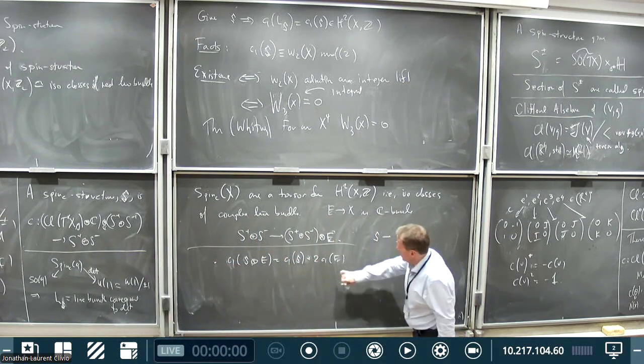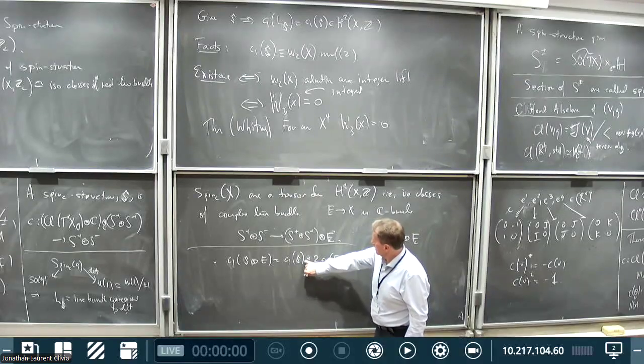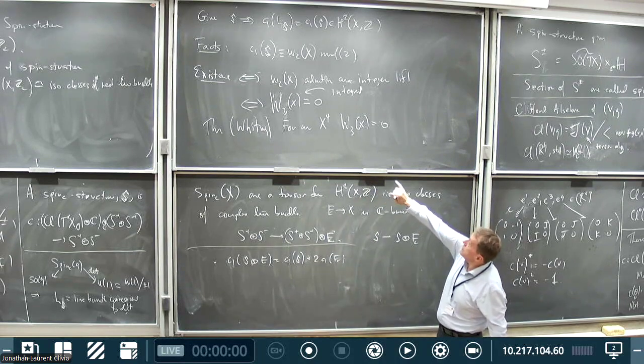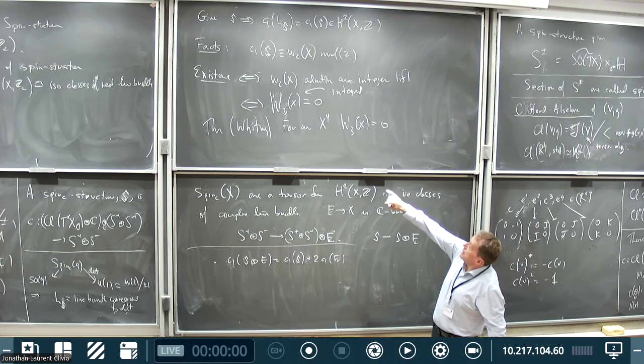Squarely. And you notice that that's quite interesting. So, just to connect with what Andras was saying, remember there's a notion of odd and even, and in a simply connected case, that's determined exactly by W2.